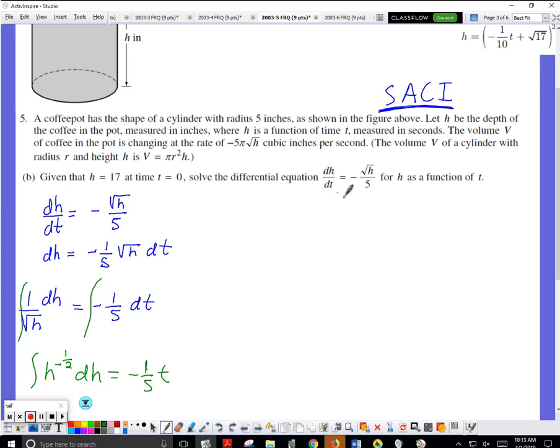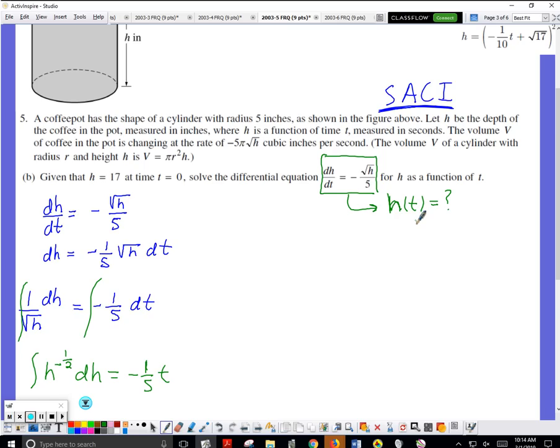Look here close. This equation has h and t, right? If they say solve the differential equation or find the solution to the differential equation, so you can find h of t, whenever you're going from this to h of t, that's when you use the sassy method. Whenever you're starting with the differential equation, you're trying to find h of t.